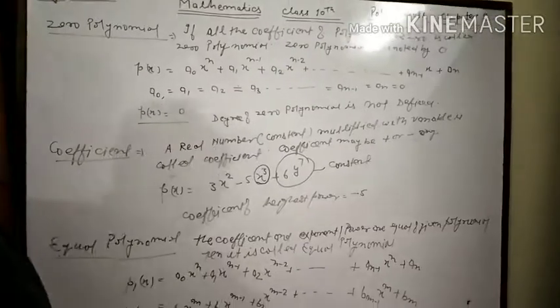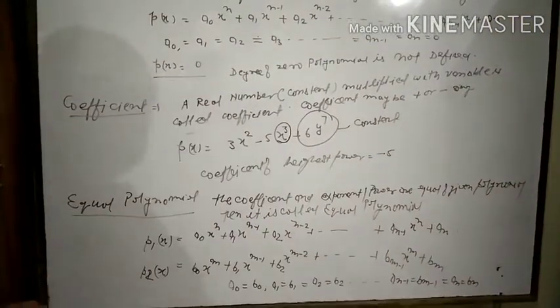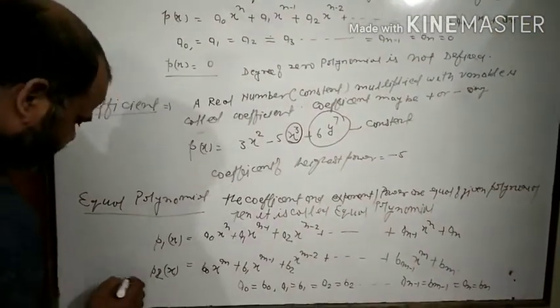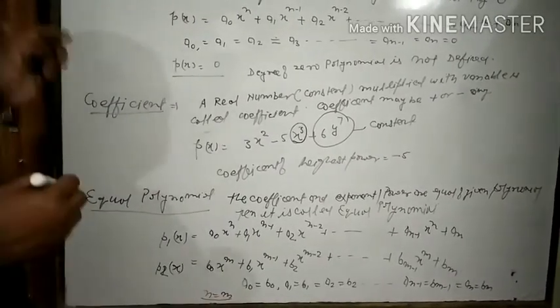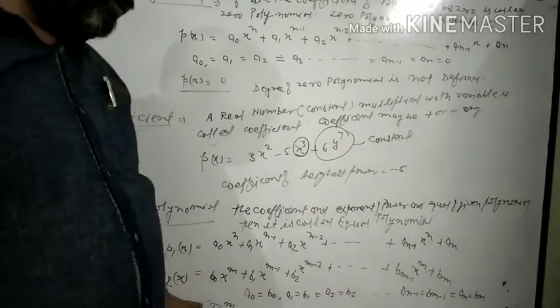In the same way the powers, n is equal to m. In this case the polynomials are equal polynomials.